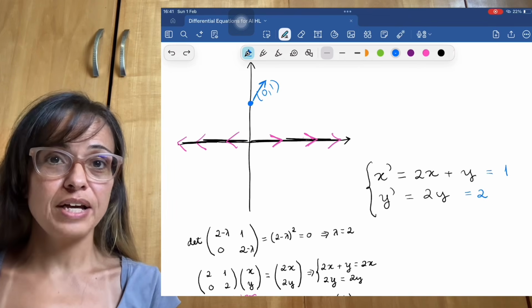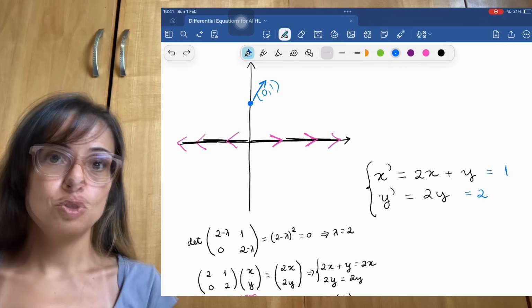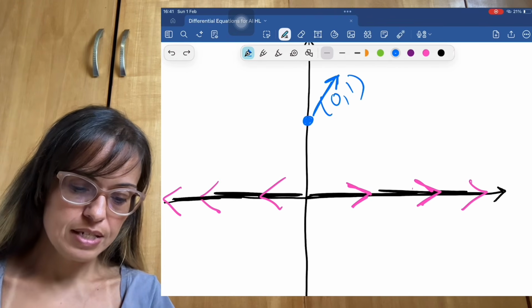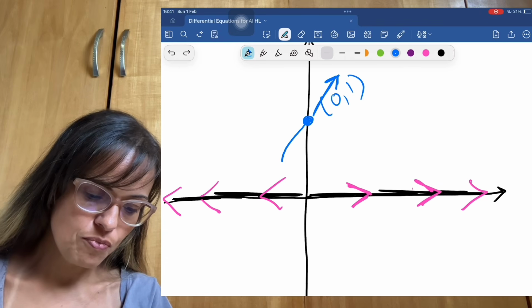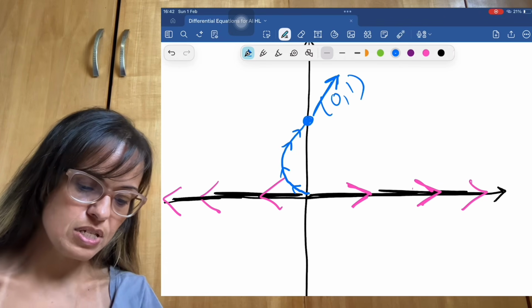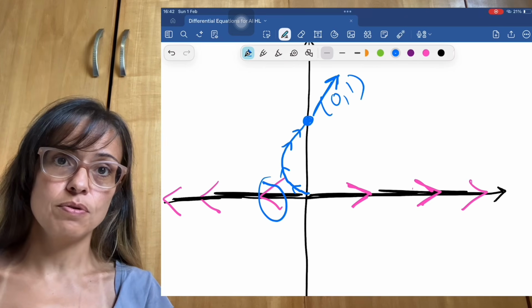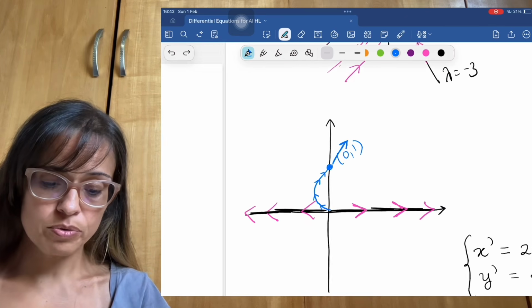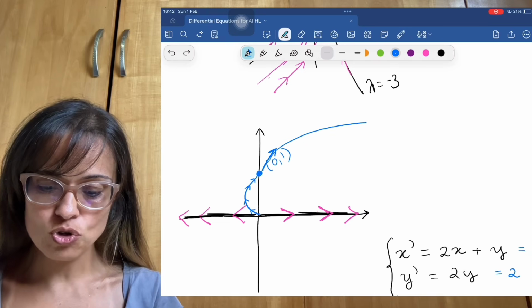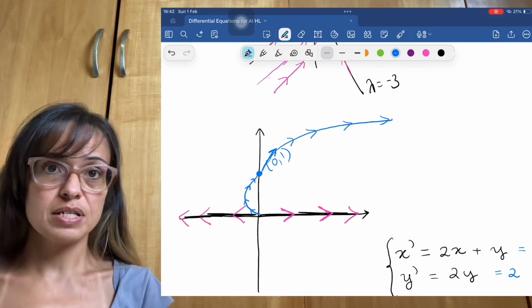And the way to connect the dots between the blue and the pink in order to make this into a phase portrait is that this thing came from here. It starts by going outside from the origin in the direction of the eigenvector, but then it turns around and comes back again, eventually becoming parallel to the eigenvector again, but somewhere else.